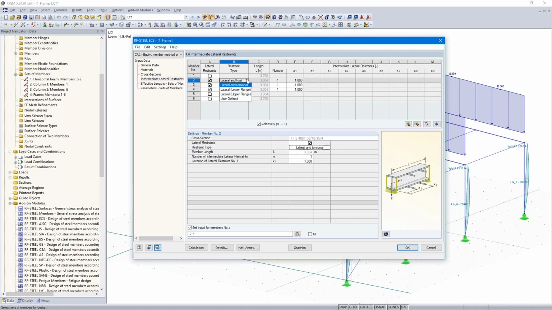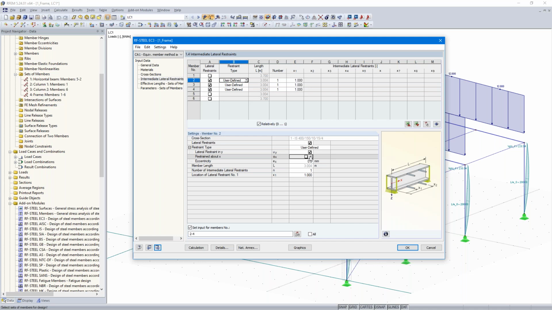And we can define a lateral and torsional restraint, lateral at the lower flange or lateral at the upper flange. But I select here user defined because I would like to consider a support here in the upper quarter, 100 millimeters from the upper flange, meaning 100 millimeters over the 0 point of the coordinate system.